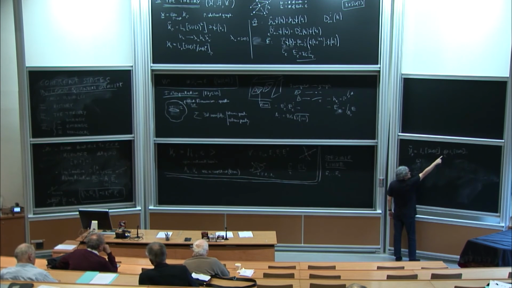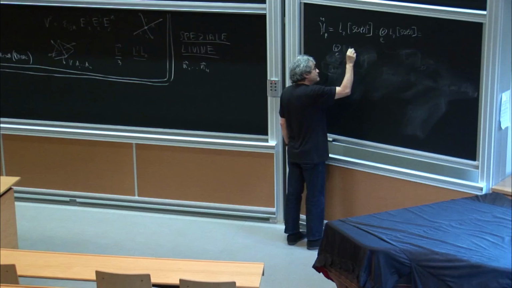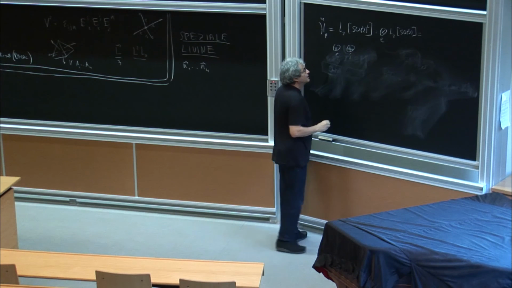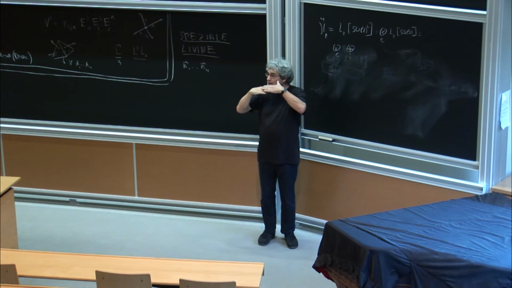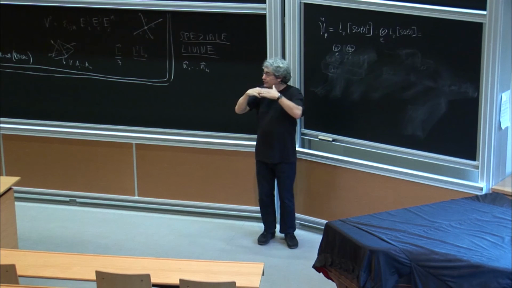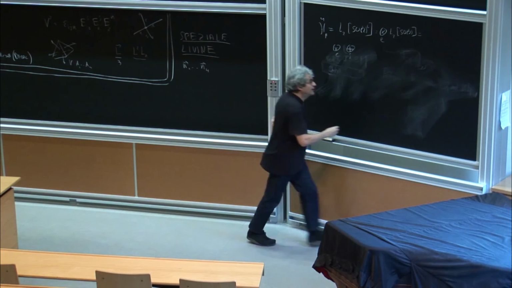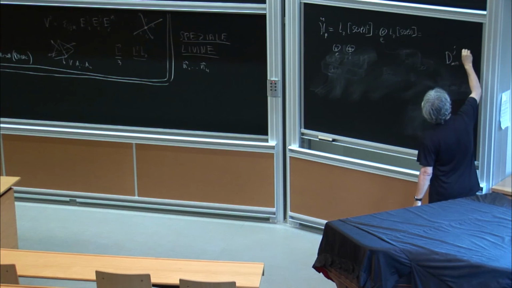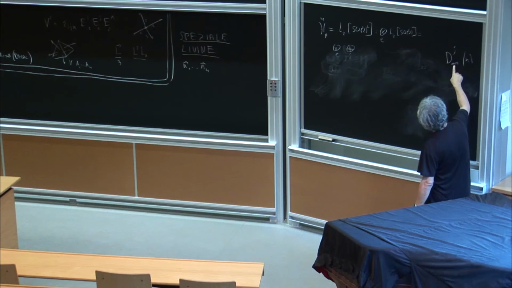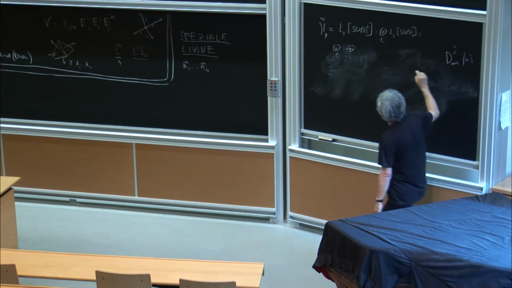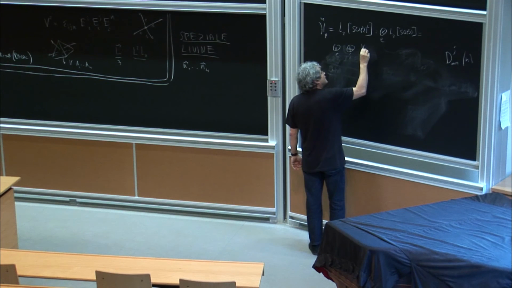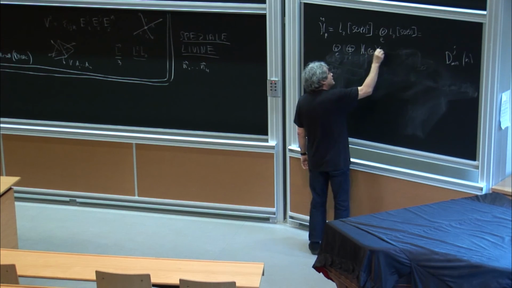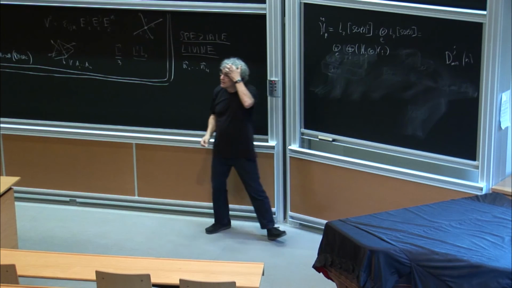I can write it as the sum over spin j, so I have this form a basis, D^j_mn. And then these are a basis in the representation, so this lives in H_j tensor H_j.